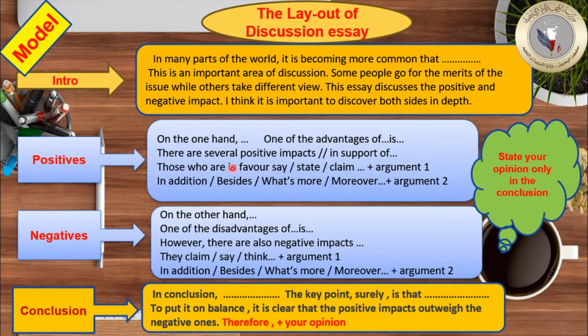If you see the positive are more and more effective than the negative, so you are standing for or supporting the idea. If you see the negative ones are exceeding and more, in this way you are standing against the idea.